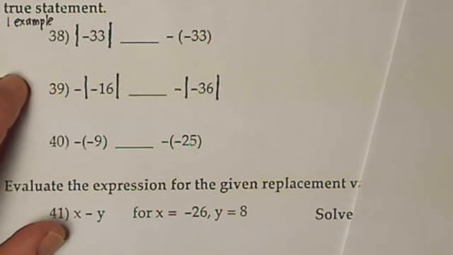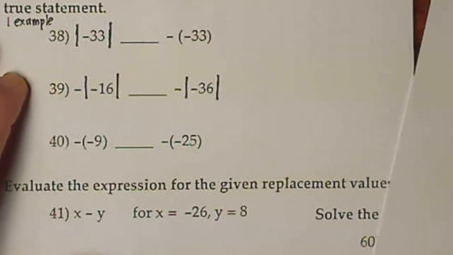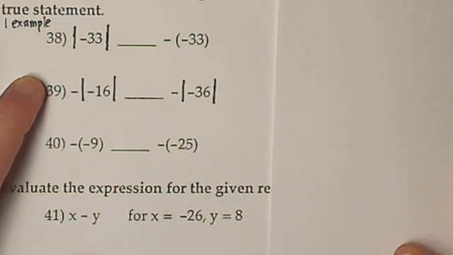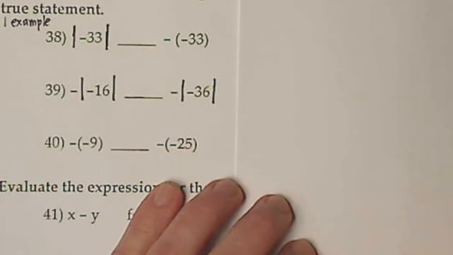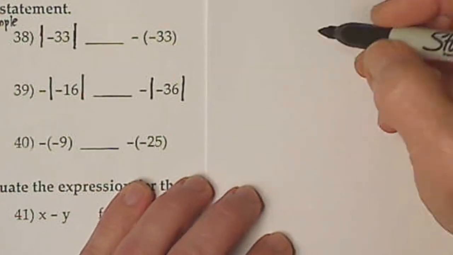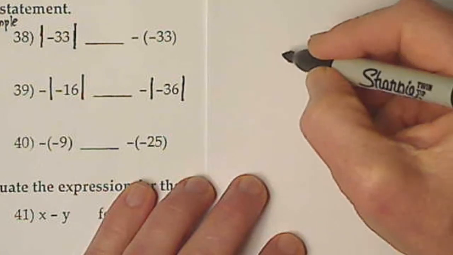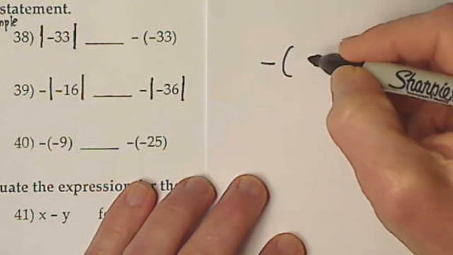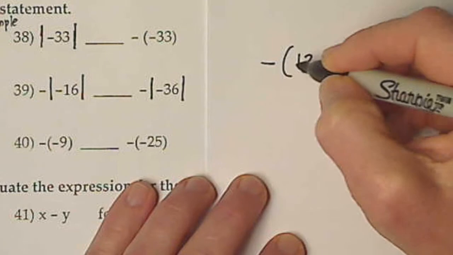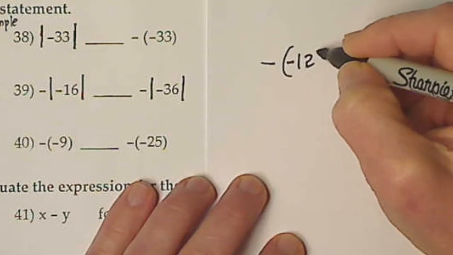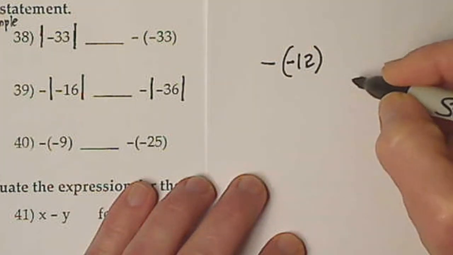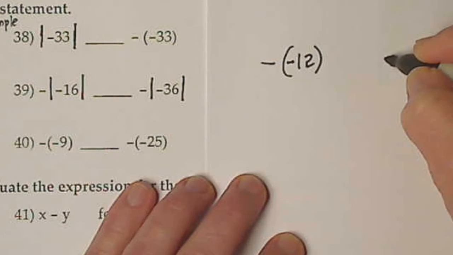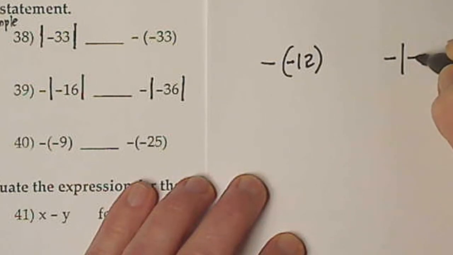And I need to make a point here. I'm going to do a similar one, so I'm not going to solve these exactly. But if you had, let's say, a negative 12, and we're trying to compare that to negative absolute value of negative 12.